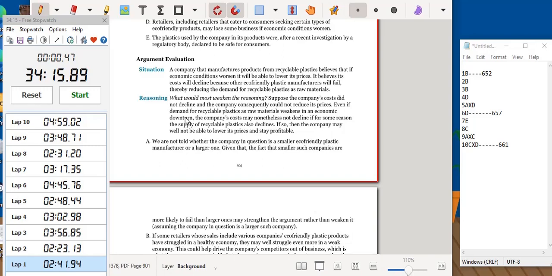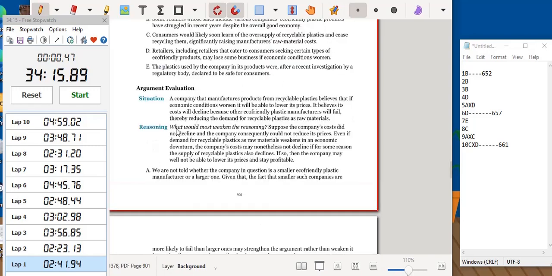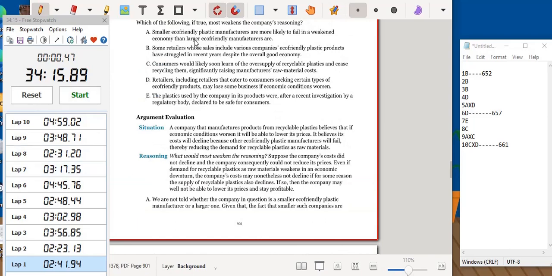Okay, so option A is smaller eco-friendly plastic manufacturers are more likely to fail. So my reasoning was that since other manufacturing units will not stop, therefore the demand will lessen slightly but not more.